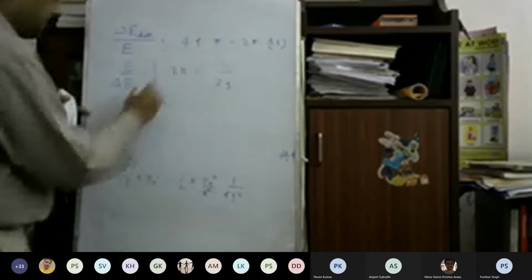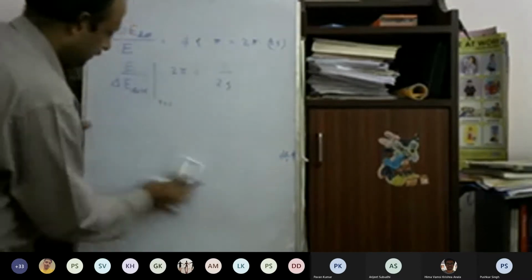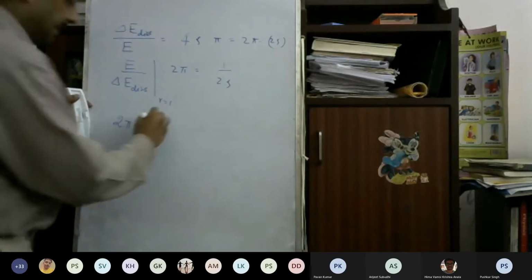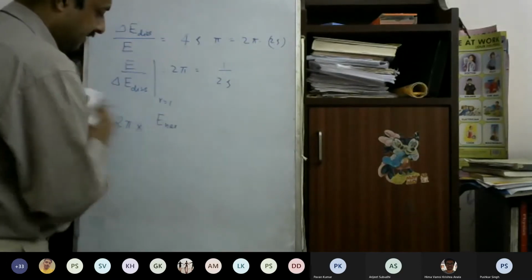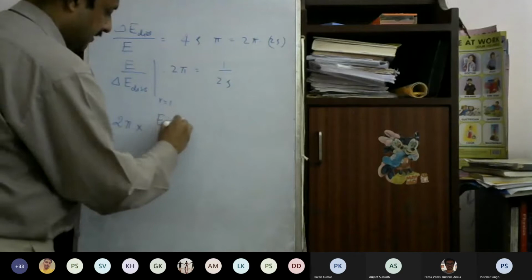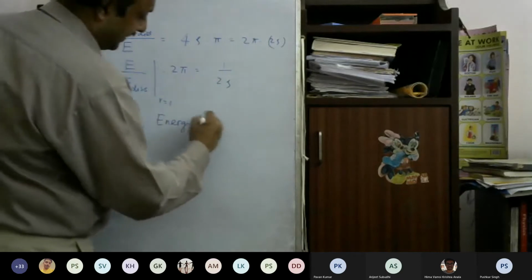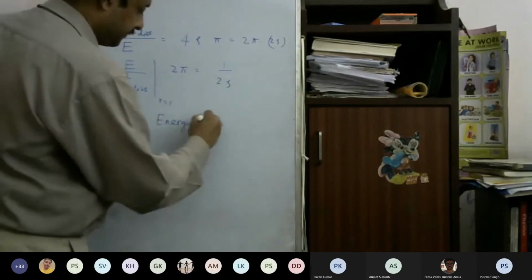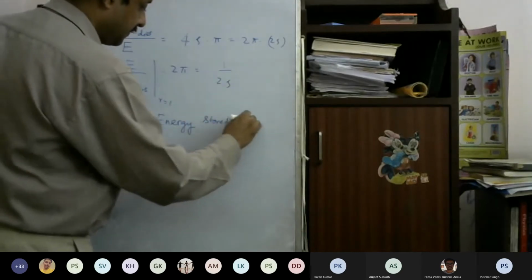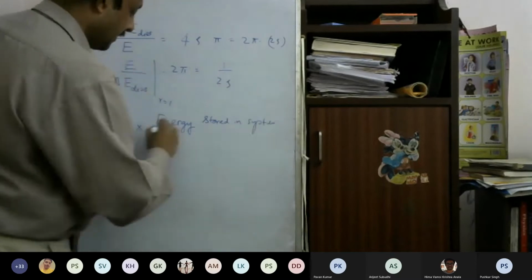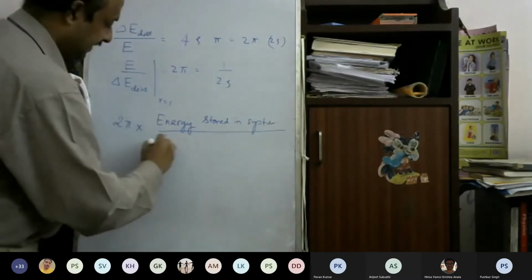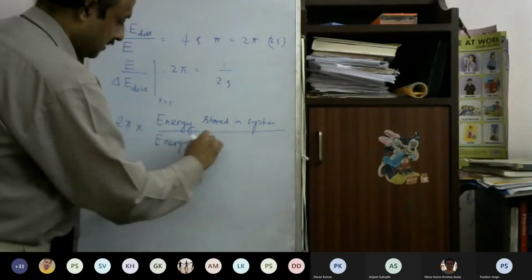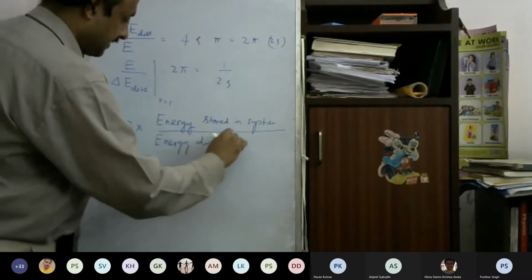And this term, 2 pi times, what we can do is that 2 pi times energy present or stored in the system divided by energy dissipated per cycle.